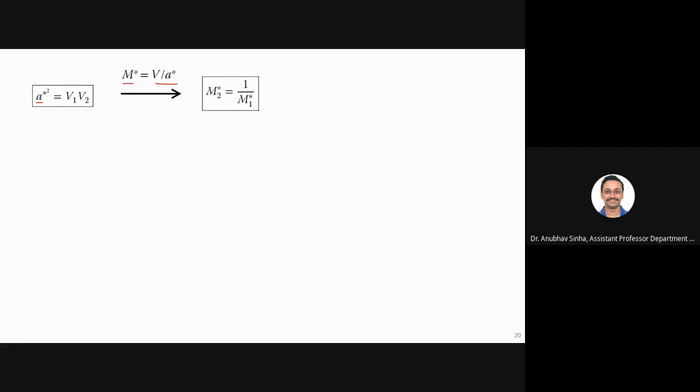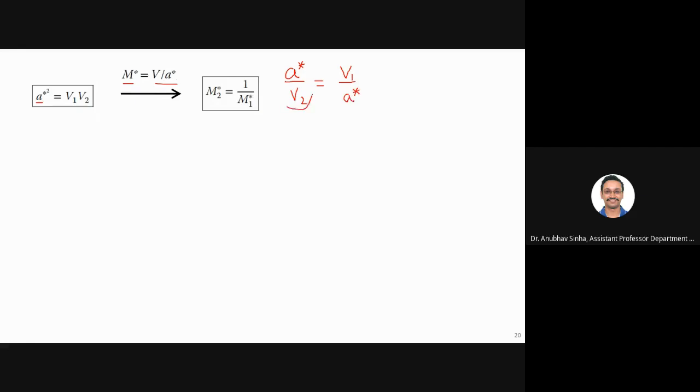What I can do is write, taking V2 that side, A star by V2 is equal to V1 divided by A star. So V1 by A star. What is this quantity?